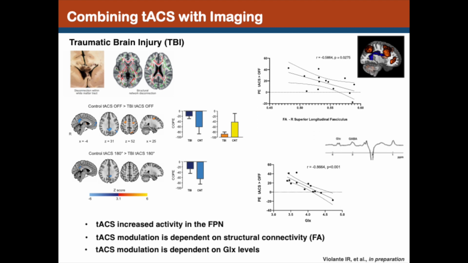We did the N-back task that I was telling you about, a working memory task that people have used a lot. And what we observed is that, as expected, when we compare healthy controls with patients with TBI, patients have less activity in the frontoparietal network, and they also have less deactivation of the default mode network, and this has been shown again and again.